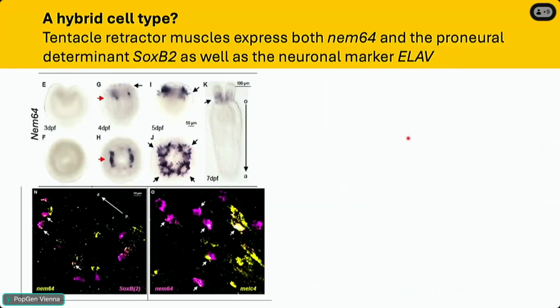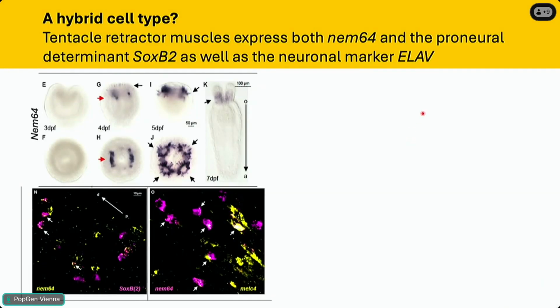So it's quite interesting, and there's another peculiarity about this particular muscle in the tentacle: it's co-expressing a number of transcription factors and other neuronal markers which are really specific for neurons, which you don't find anywhere in the other muscles.